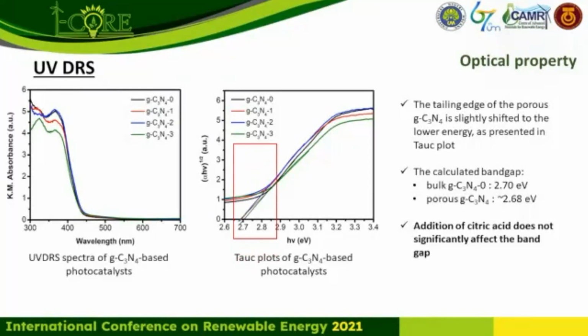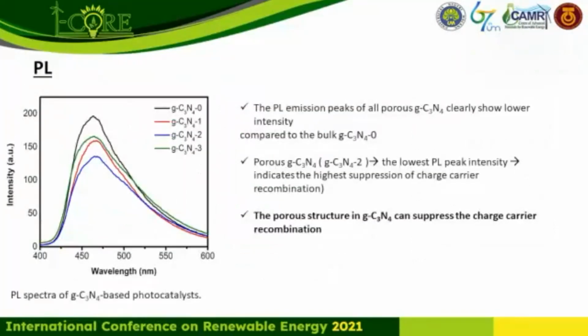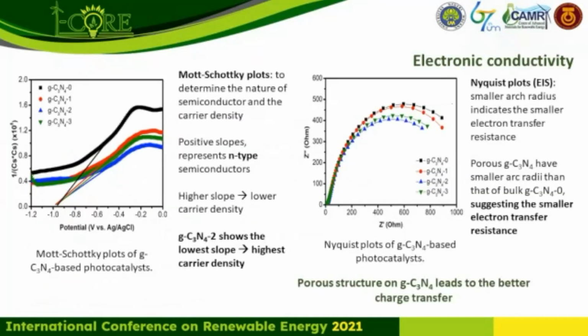So addition of citric acid does not significantly affect the band gap. The photoluminescence peak of all porous graphitic carbon nitride clearly shows lower intensity compared to bulk graphitic carbon nitride. Porous graphitic carbon nitride 2 has the lowest photoluminescence peak intensity, indicating the highest suppression of charge carrier recombination. So the porous structure in the graphitic carbon nitride can suppress the charge carrier recombination.